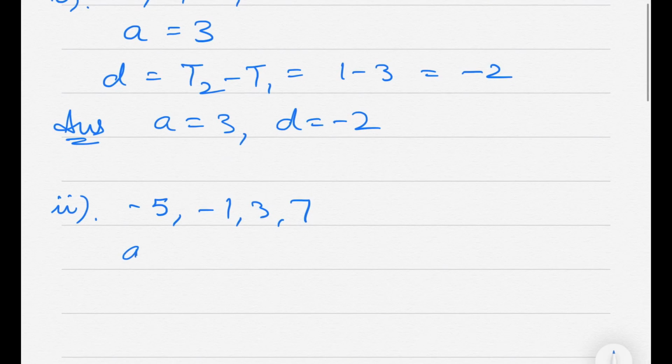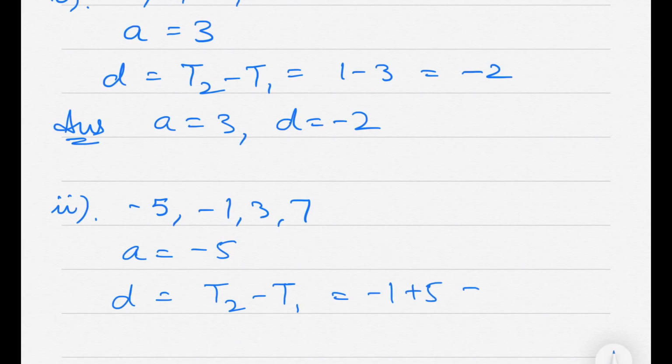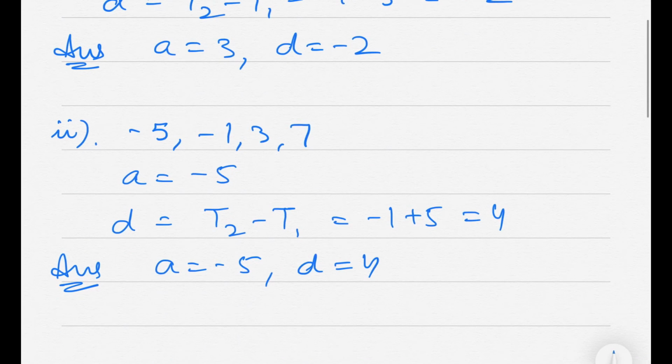So as clearly seen, a is equal to minus 5, d is equal to T2 minus T1, so this becomes minus 1 plus 5, so 4. So my answer is a is equal to minus 5 and d is equal to 4. So everywhere I am adding 4, right? For each term you can just confirm by yourself. Okay, then move to the third part of the question.